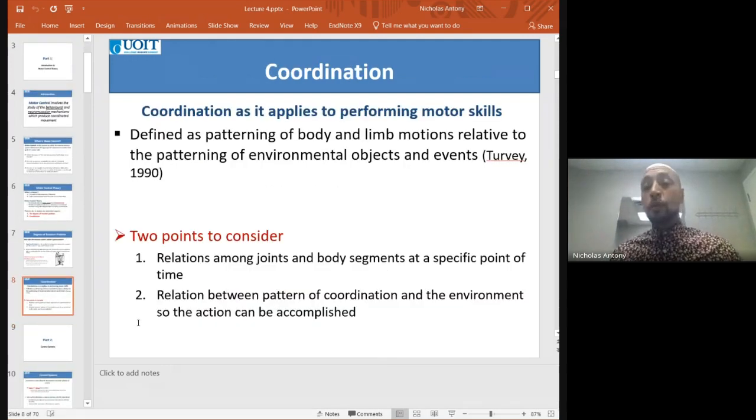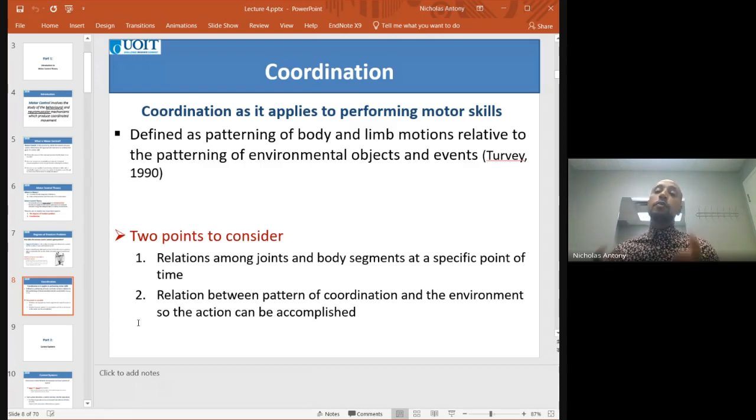The next thing is coordination. Now, coordination as an adjective defines someone as highly coordinated if they are efficient in their movement. For example, as beginners are learning to play soccer, they become more and more coordinated as they practice. That would be an example of using the term coordination as an adjective.